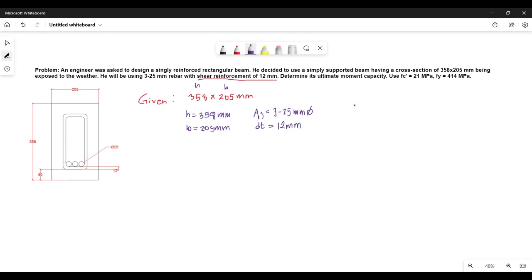Next, if we have a shear reinforcement, we also have a flexural reinforcement. Let's denote this as db. The flexural reinforcement is the 25 millimeter.